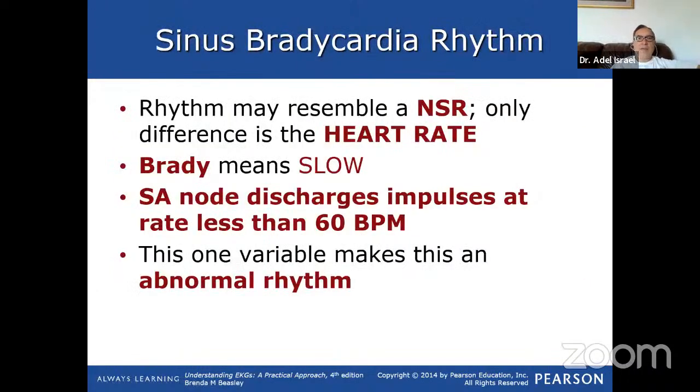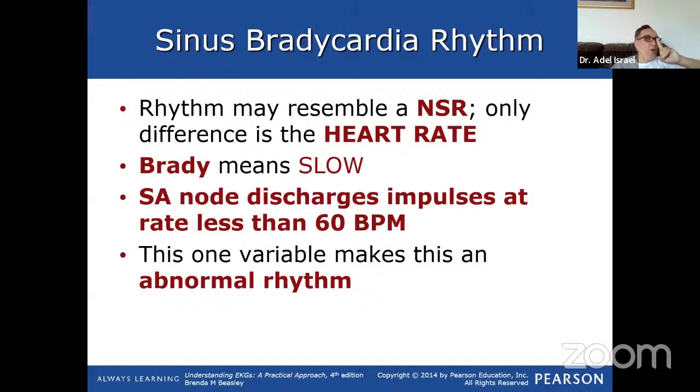Then we have the first variation. What is the first variation? Like we mentioned, the first step is heart rate, and we know that the normal heart rate should be between 60 and 100. If I find that the heart rate does not reach 60, it will be less than normal, and we know that the word for a heart rate less than normal is bradycardia, and after that everything is normal.